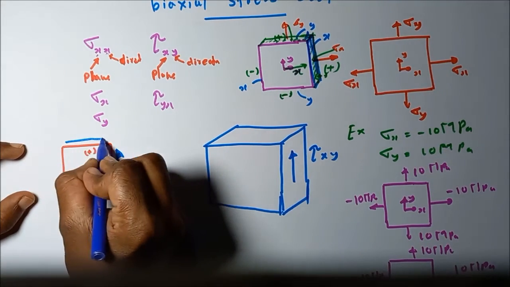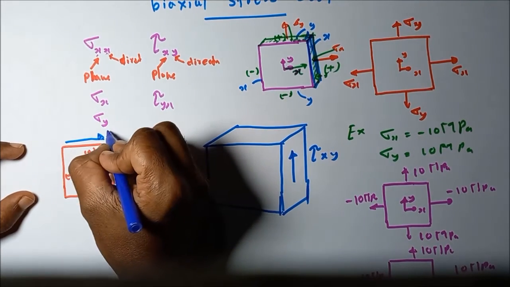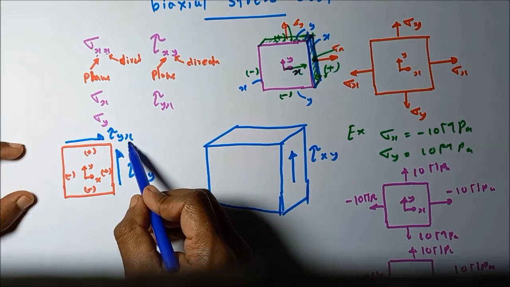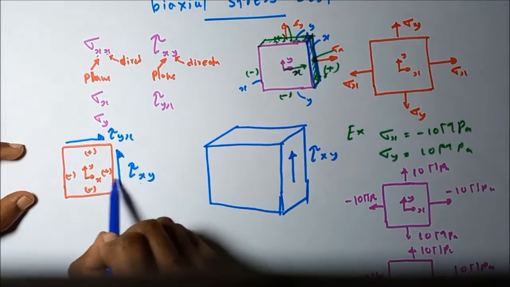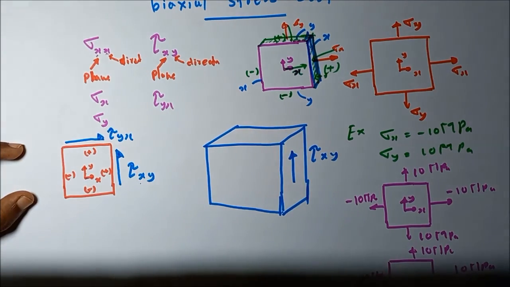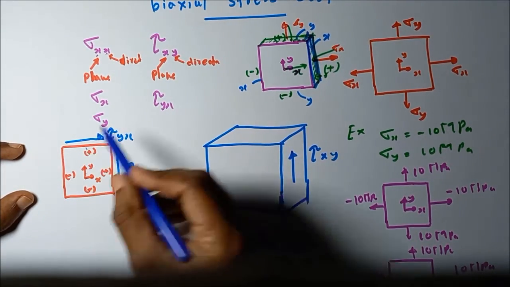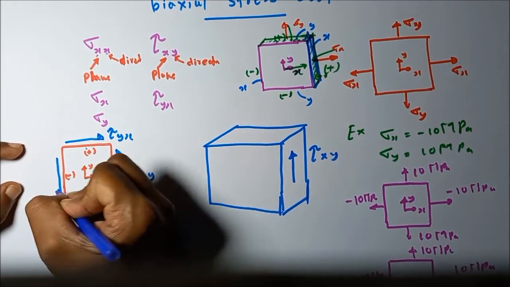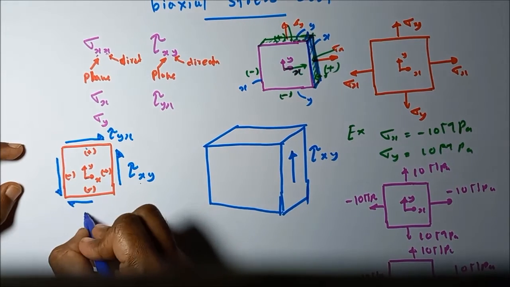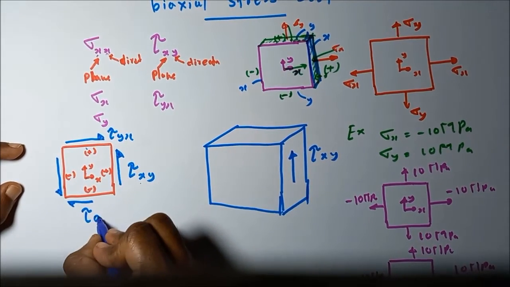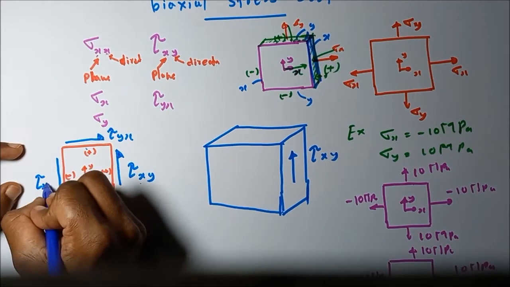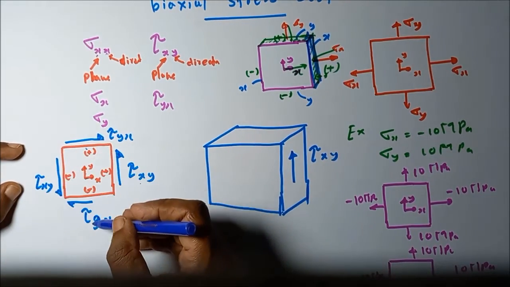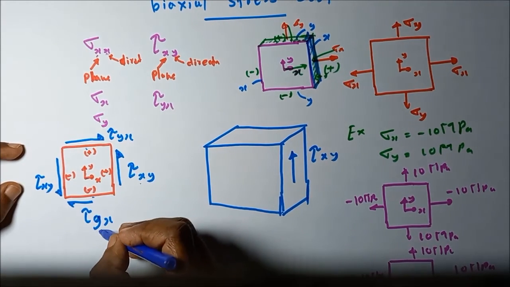Similarly, we can mark the stress acting in this one, tau yx. This time you can see it is directed in the x coordinate direction, and it is acting on a y plane. These are the y planes. Then similarly we can mark the stresses acting on these faces also, tau yx and tau xy, where it is acting in the negative x coordinate direction and also on a negative face.